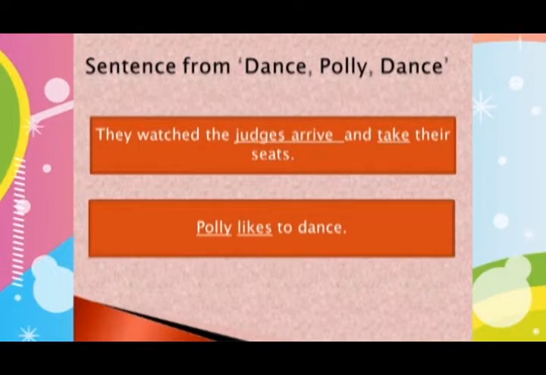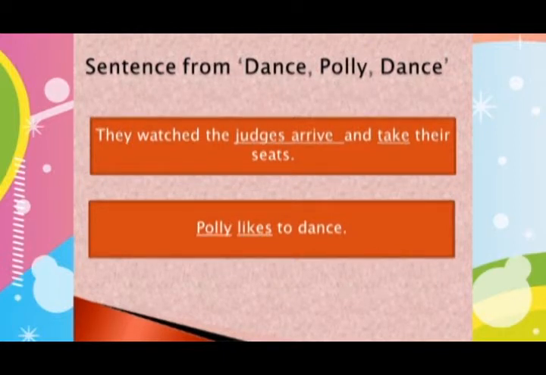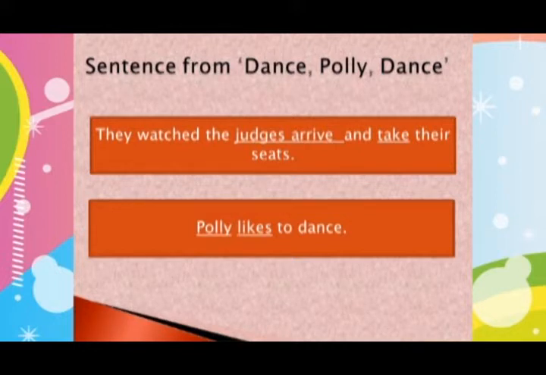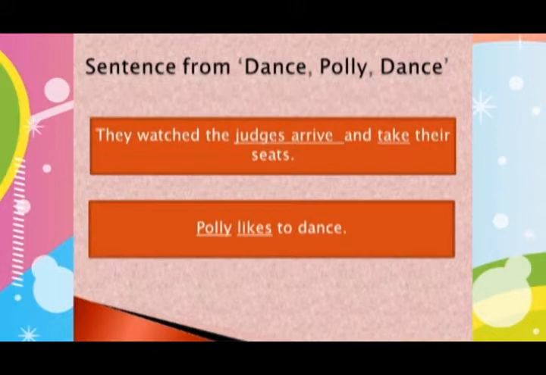Judges arrive and the word take are underlined. Judges is a subject. Therefore, it must take a plural verb. Remember, the plural verb does not carry an S at the end. Therefore, the verbs arrive and take do not have S at the end.